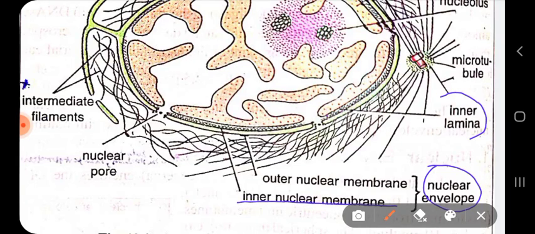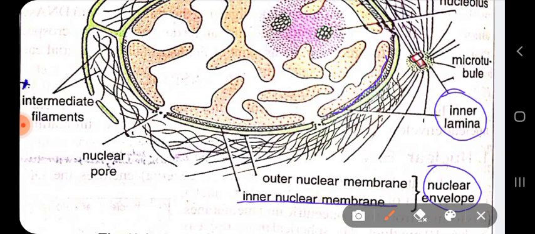Okay, the inner nuclear lamina is an internally lined protein filament meshwork which is organized in a net-like fashion, right? And they are interacting with the inner nuclear membrane.